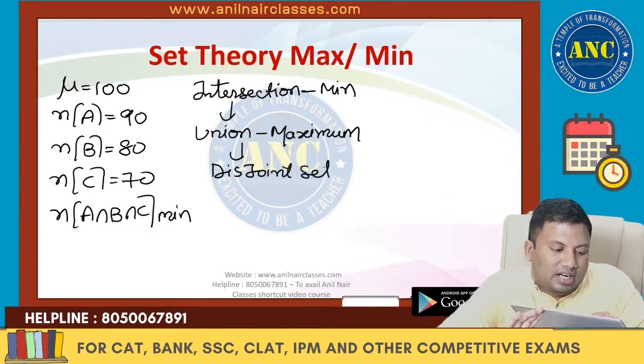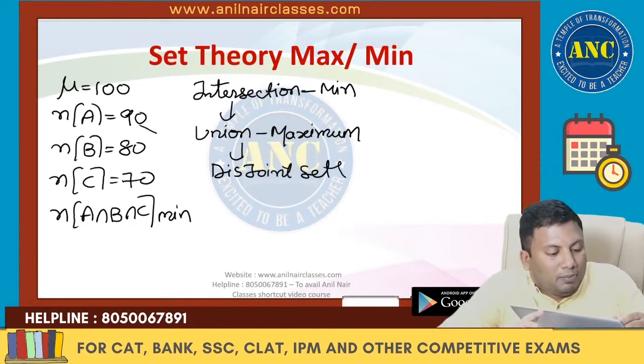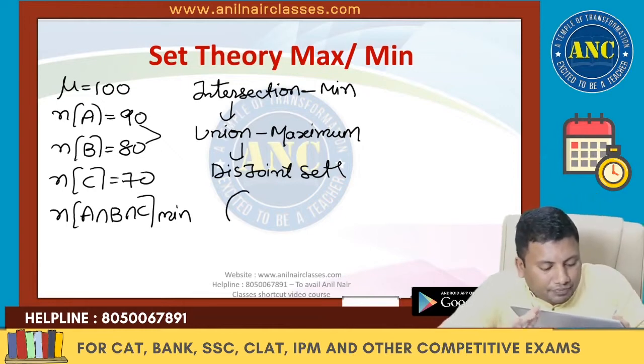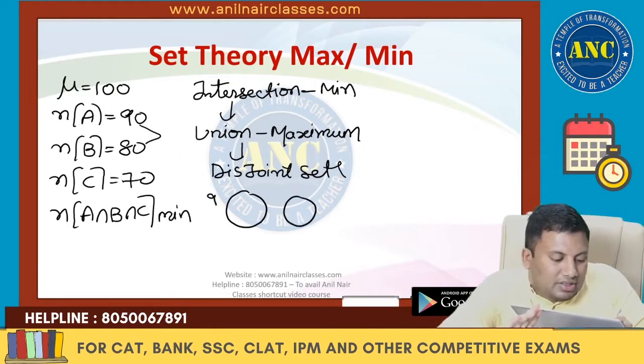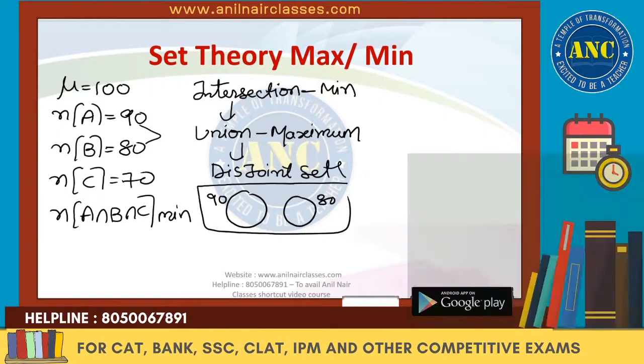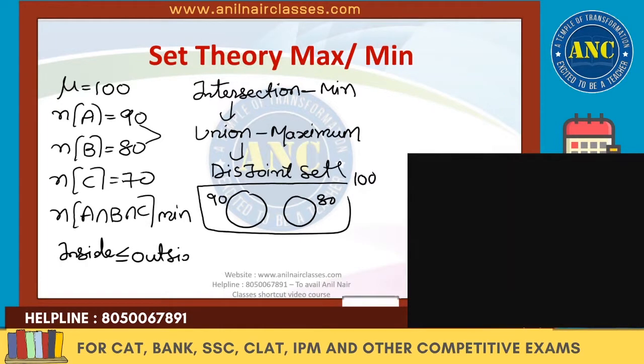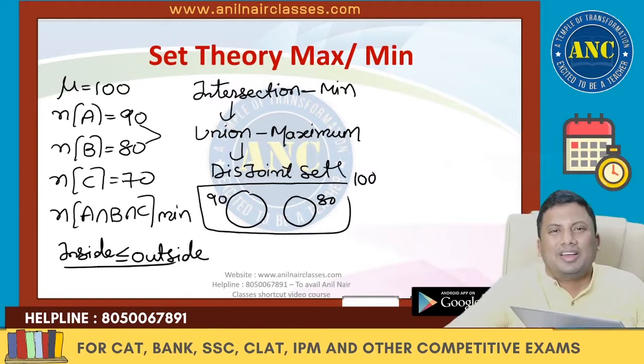When the sets are disjoint, separate both of them. This is 90 and this is 80. If I separate 90 and 80, how much is it? 170. But there are 100 students. The inside value is always less than or equivalent to the outside.